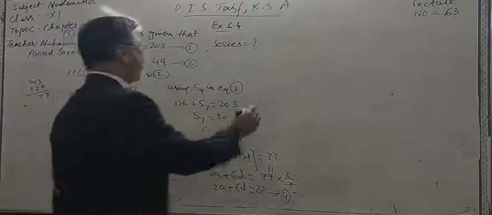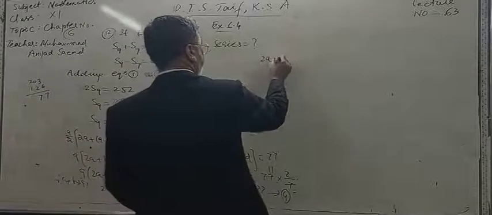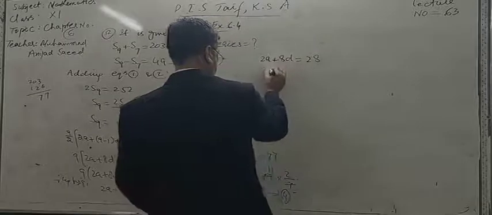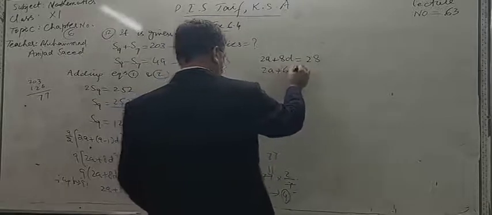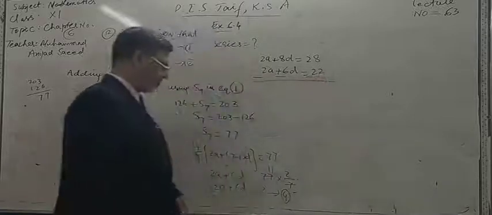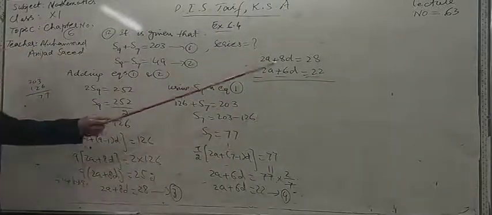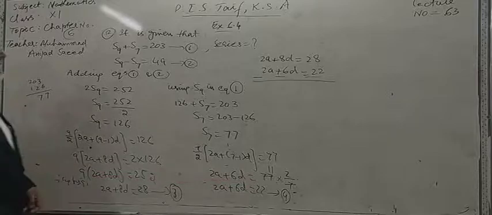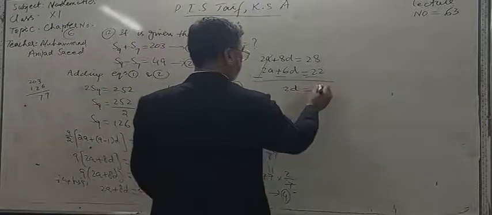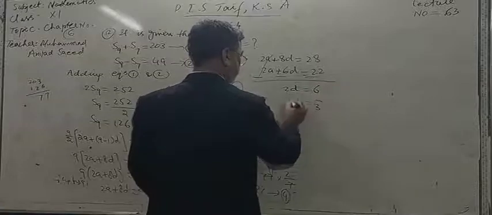Dear students, we have 2a plus 8d is equal to 28 and 2a plus 6d is equal to 22. Write down equation 3 first and equation 4, and subtract. 2a cancels with 2a and this will be 2d is equal to 6 and d is equal to 3.